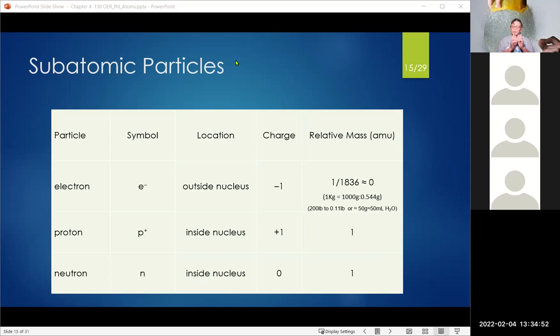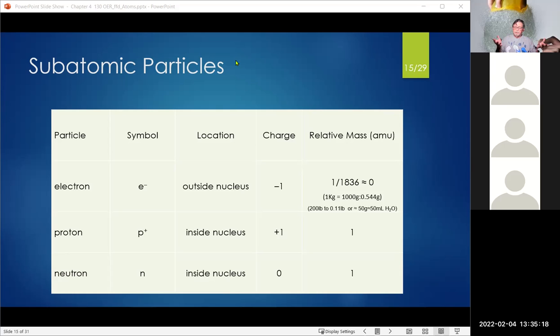The relative mass, what that is simply put, they're tiny, very small mass for all the subatomic particles. So instead of working with these extremely tiny numbers, they give them a relative mass, an AMU, atomic mass unit. Okay, they assign the proton and the neutron, because their masses are relatively about the same, an AMU of 1.